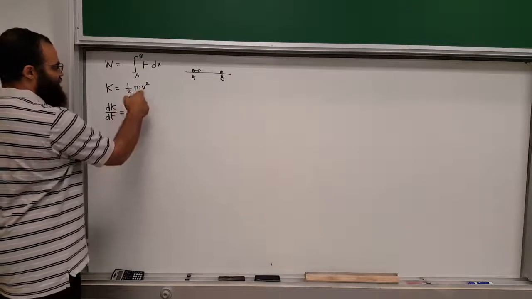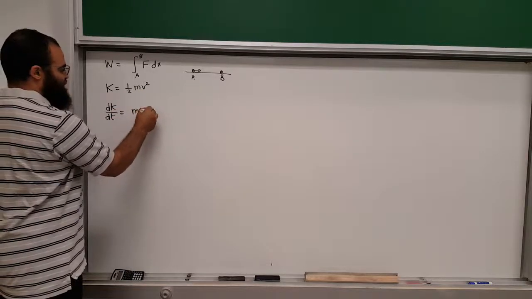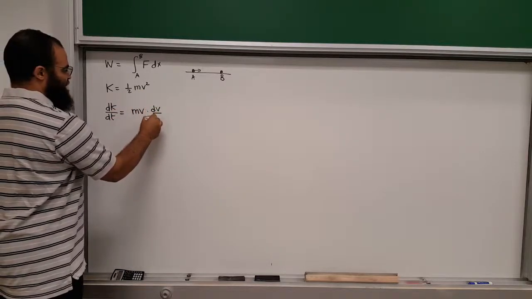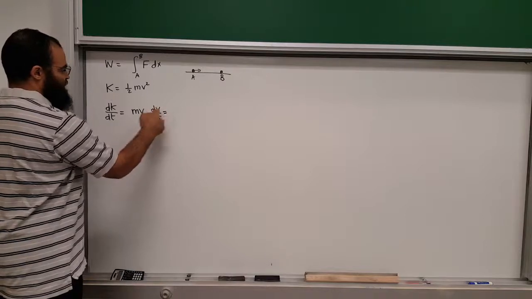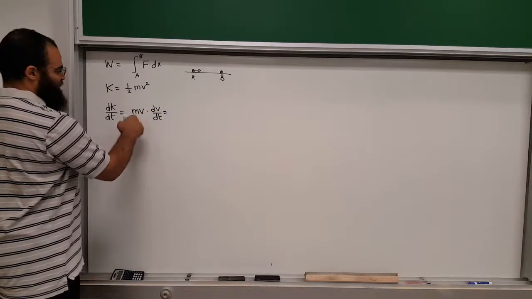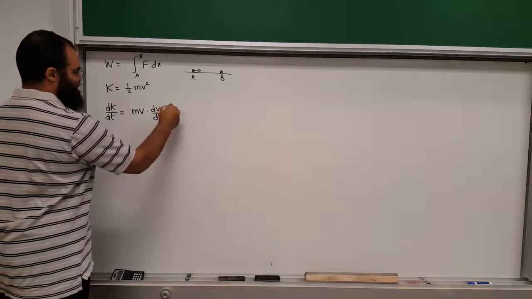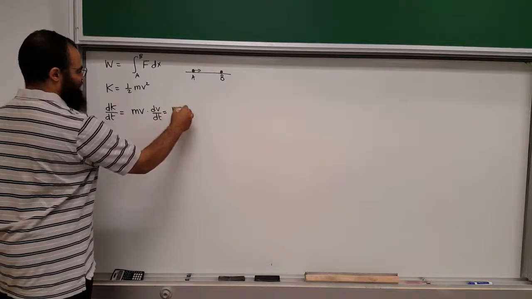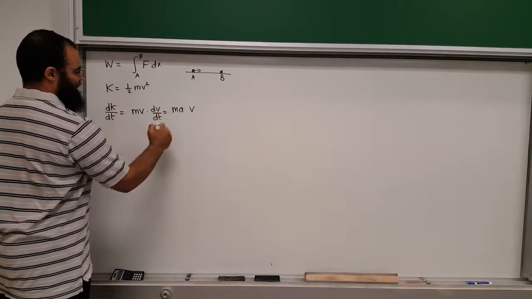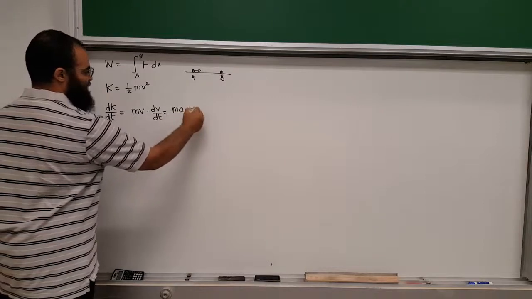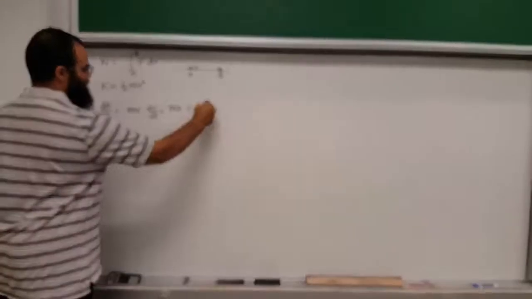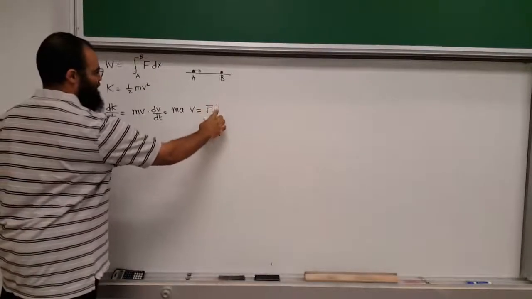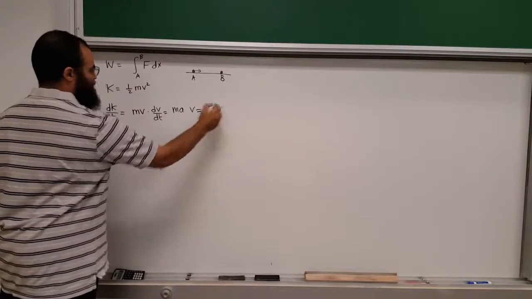Then by the chain rule, you take the derivative of v with respect to time, so you get dv/dt, which is the acceleration. So I'll have the mass times the acceleration, and then the velocity. The mass times acceleration is the net force on the object, so it's the force times the velocity.